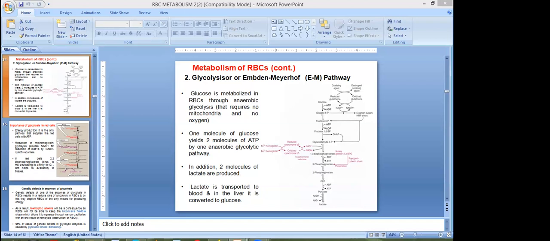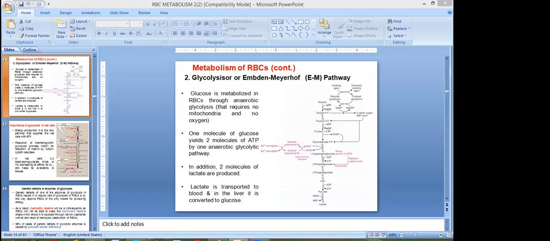Then there is something here that is unique. In this step where we are generating NADH, it's used to convert methemoglobin to the normal hemoglobin, because methemoglobin has no affinity for oxygen, and methemoglobin is a result of this iron 3 plus hemoglobin.